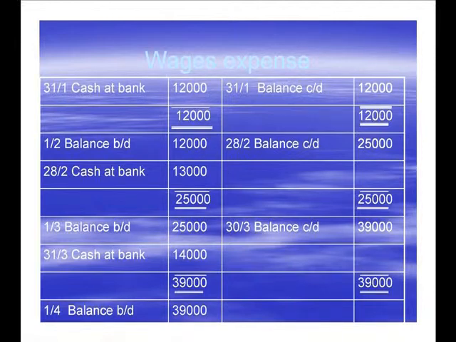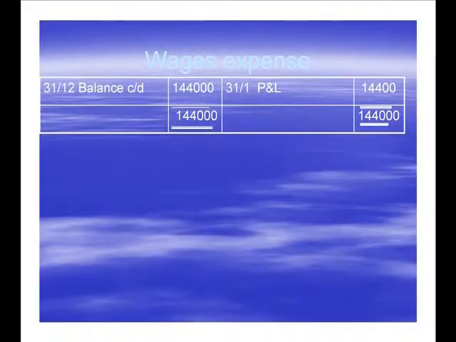Then in March, again we transfer the wages column total to the wages account. And then again we balance the ledger account and carry down the balance. It goes on like this until 31st December. I cannot show everything, but this is just an example. Then we assume that at the end of the year, we have a total of 144,000.